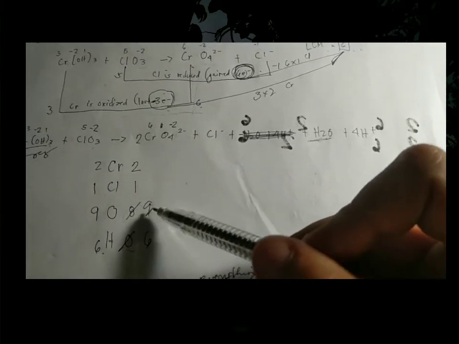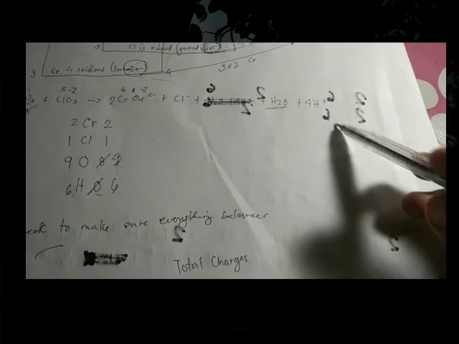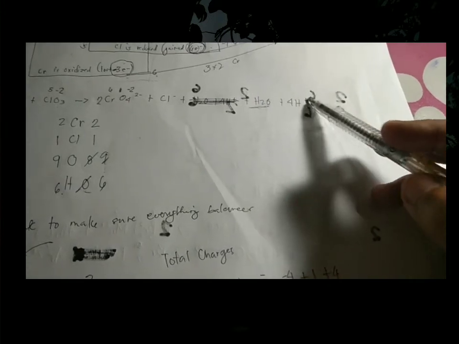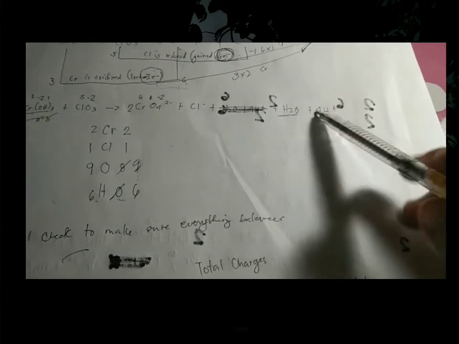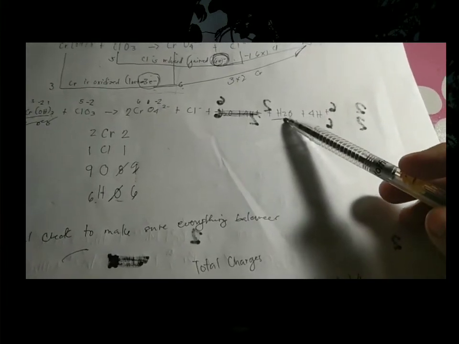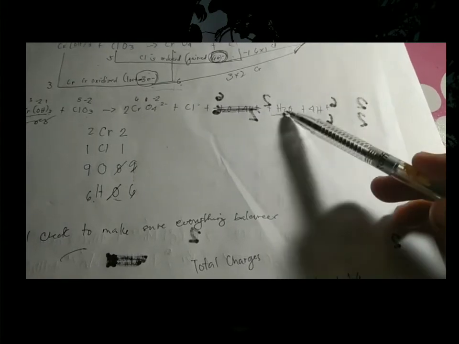Kulang pa rin ng hydrogen. So kailangan nating mag-add ng other hydrogen. So we have to get 4 H plus ion. So 4 times 2. 4 plus 2, 6.